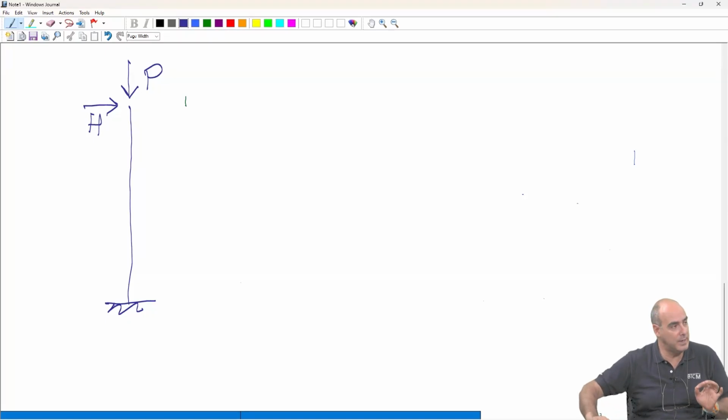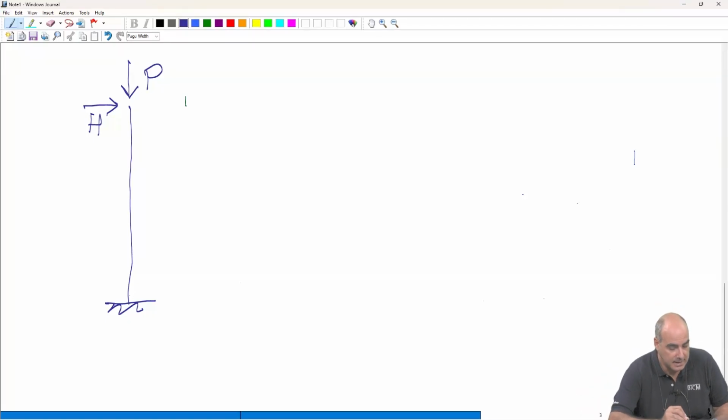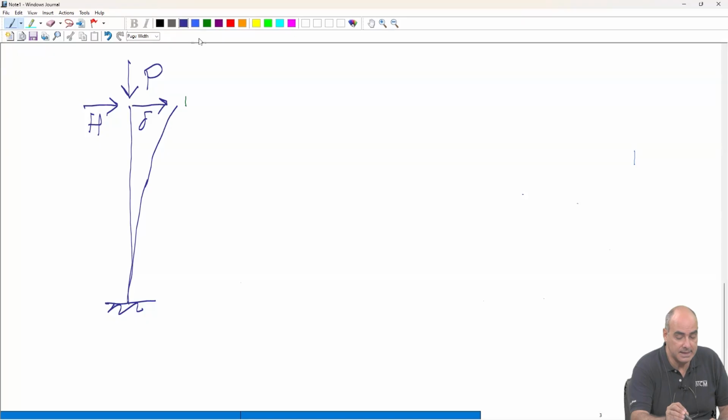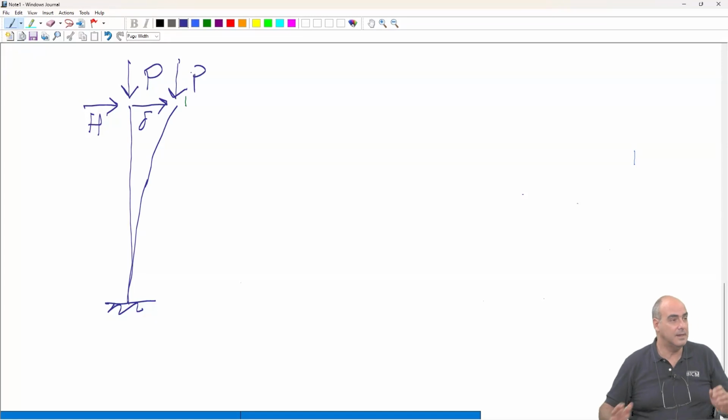So you can always have the fact that the beam, whatever small h is, already starts with a lateral deformation. And this load here, well, it moves with the top edge of the column.